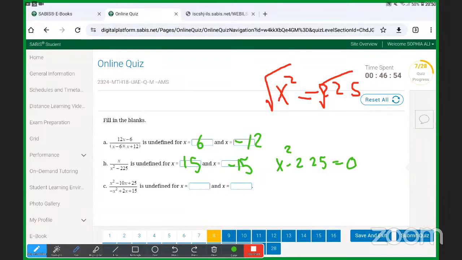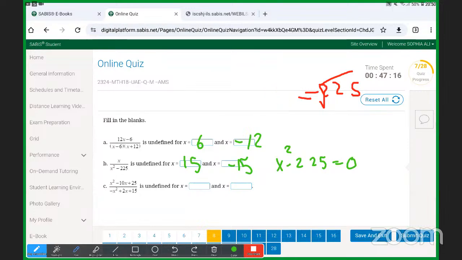Come on. So here, number C. What makes it undefined? Our last question. When it's equal to 0. Yeah, so take the denominator and make it equal to 0. Go, come on.